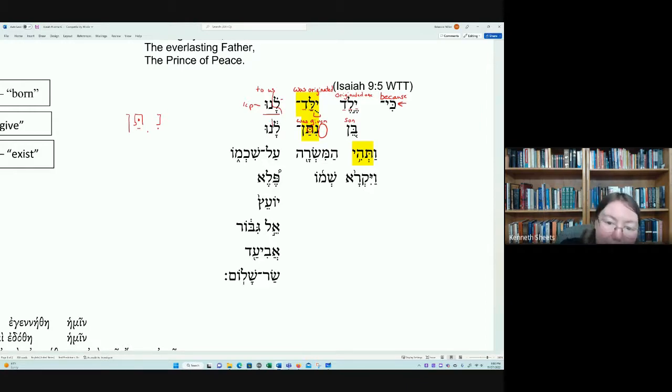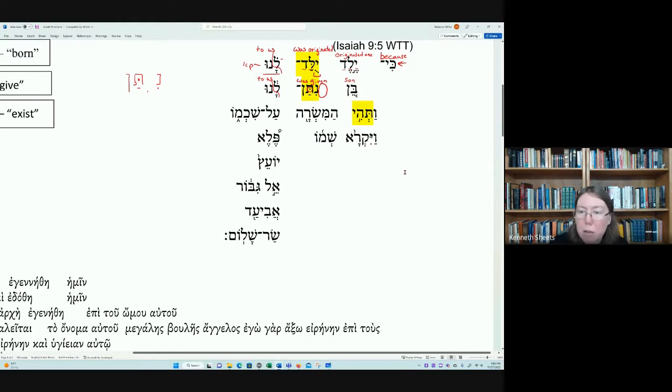And then you have lanu again. So you have the lamed preposition with the first common plural pronominal suffix again. To us. So thus, so far we have because an originated one was originated to us, a son was given to us. And then we can come on down here as well.